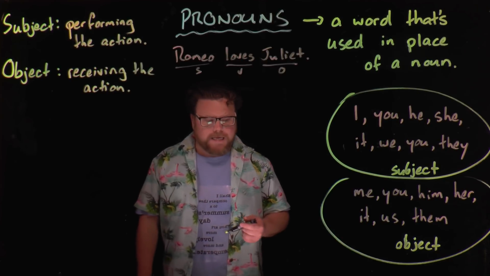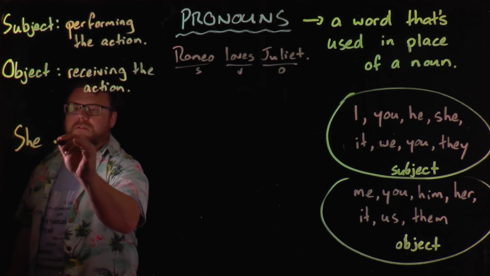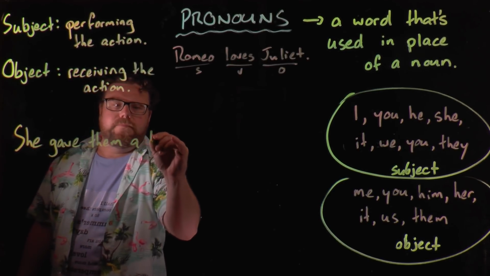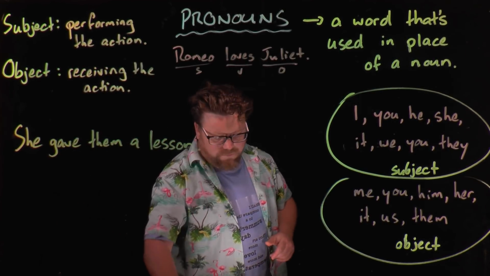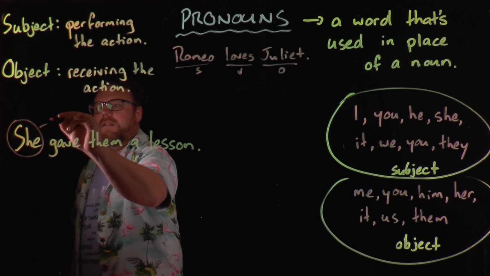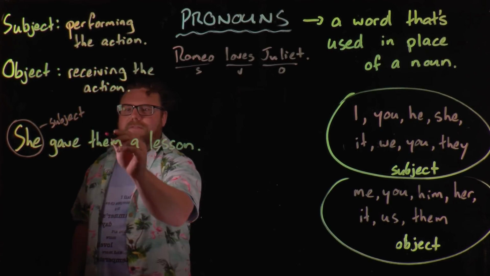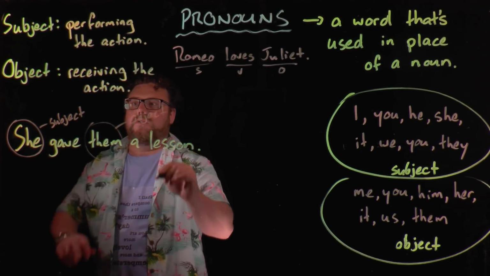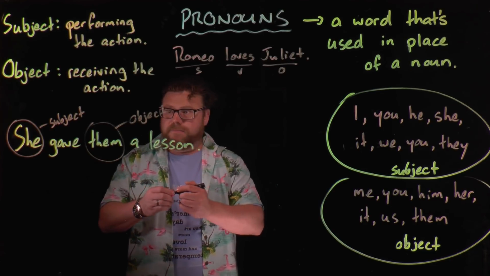So if we were to say a sentence like, she gave them a lesson. We have got she being the personal pronoun that replaces the subject, so not her, and then gave them, and this is the object, because this is the thing that's receiving the action, being given a lesson.